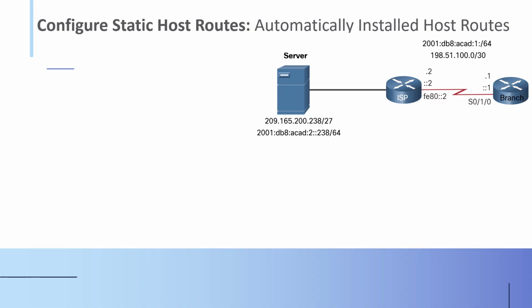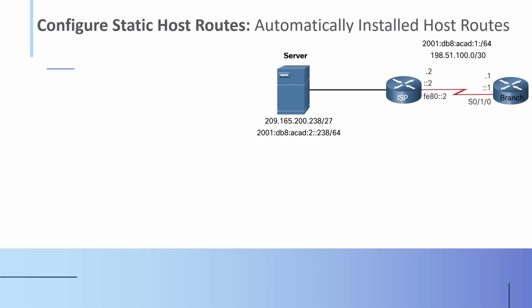The IP addresses assigned to the branch Serial 0/1/0 interface are 198.5.100.1/30 and the IPv6 interface 2001:DB8:ACAD:238::/64.